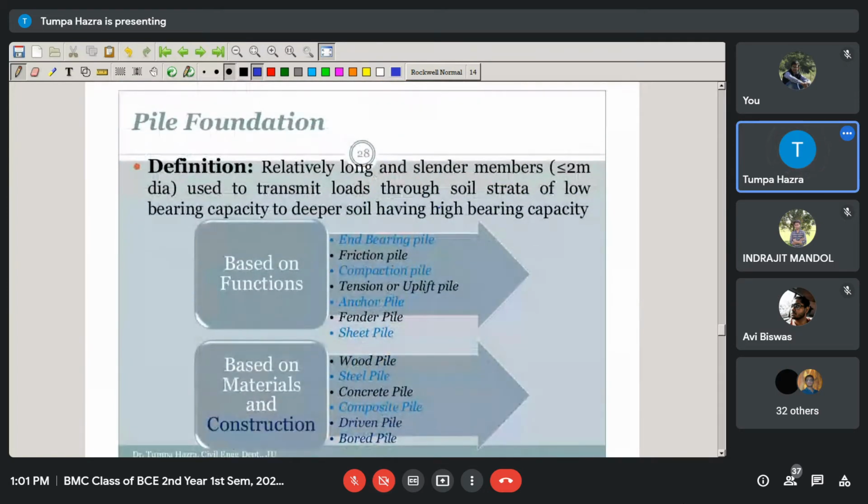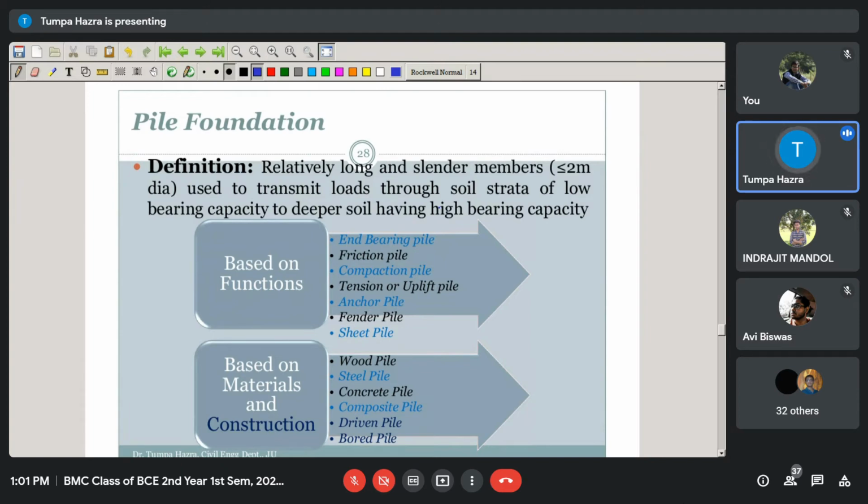Now, as I have already told you, pile foundation is one type of deep foundation in which the loads are taken to a low level by means of a vertical member which may be made up of timber, concrete or steel.